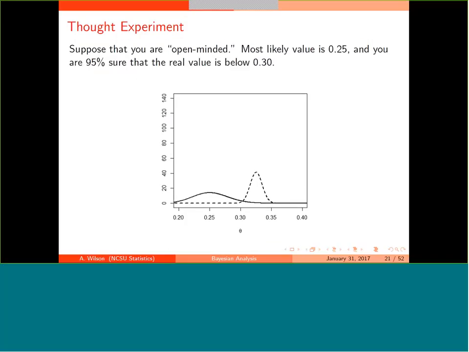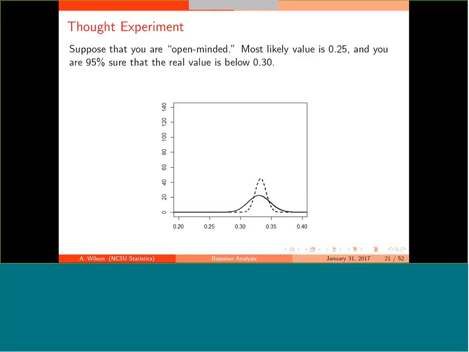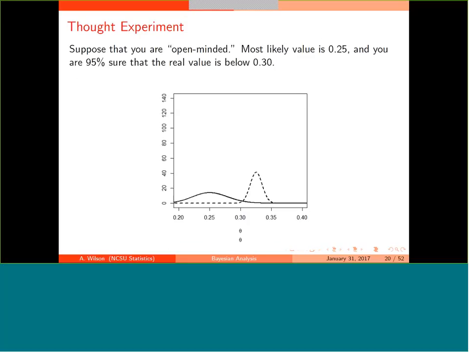Another thing that we can do is say, I just don't know. And this is back to my idea of something not so informative. Maybe the most likely value is by chance, but maybe there's something. Maybe the real value is less than 0.3. One of the things that you can see if you compare the solid line on this plot is that it's getting much flatter. That's the idea that we try to capture with non-informative, which is that there's a real range of values that are sort of equally likely in my head.